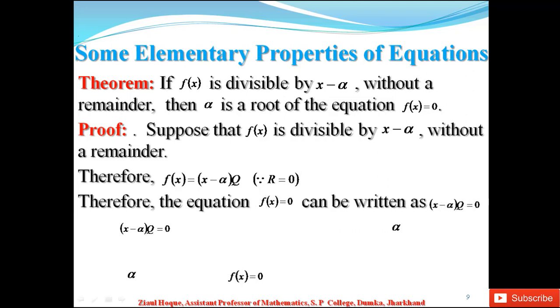Therefore, the equation f(x) equal to 0 can be written as (x minus alpha) Q equal to 0, as f(x) is equal to (x minus alpha) into Q.